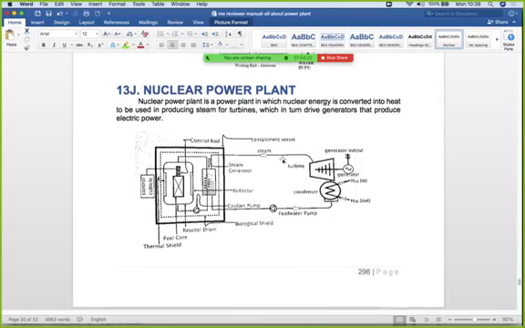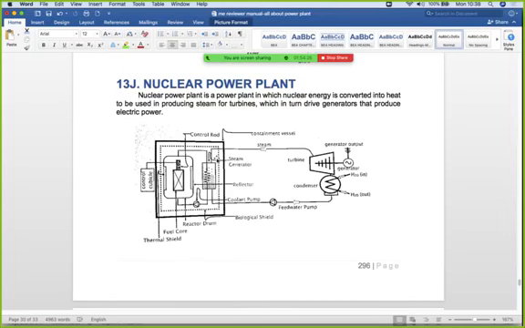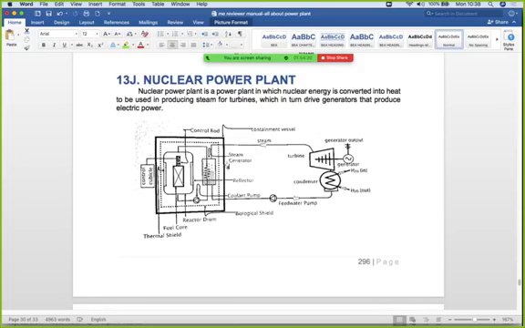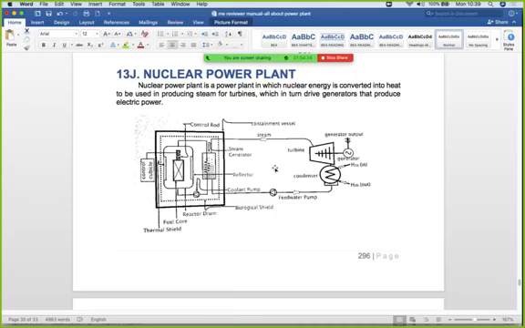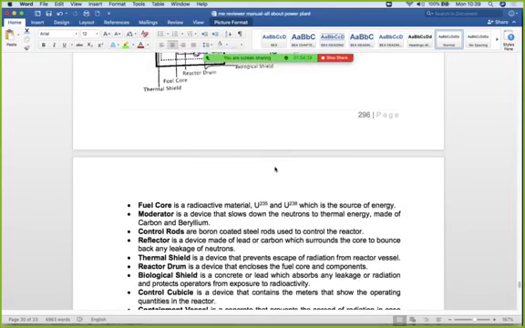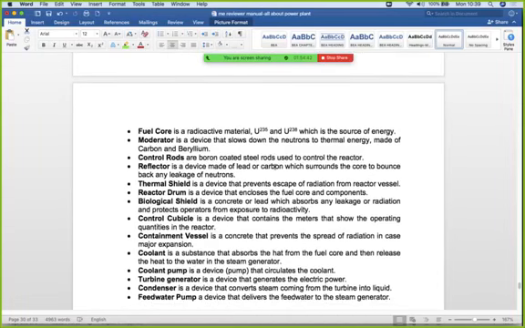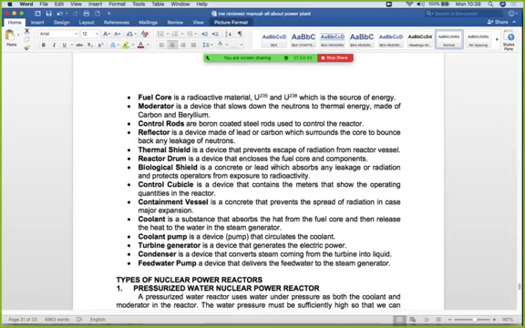It's still the same with a boiler, steam processes. But then again, it utilizes the nuclear cells, the control rod. We have uranium, an artificial cell like plutonium. We have the fuel core, moderator, control rod, deflector. So just be familiarized with all the terms.